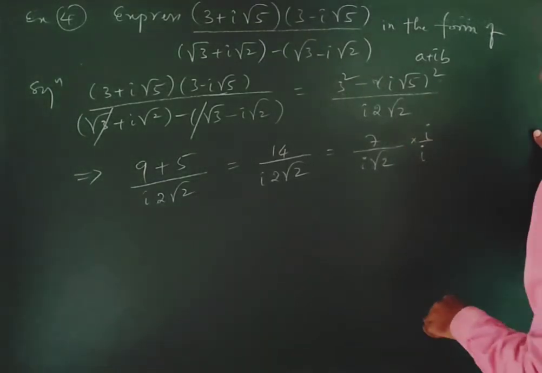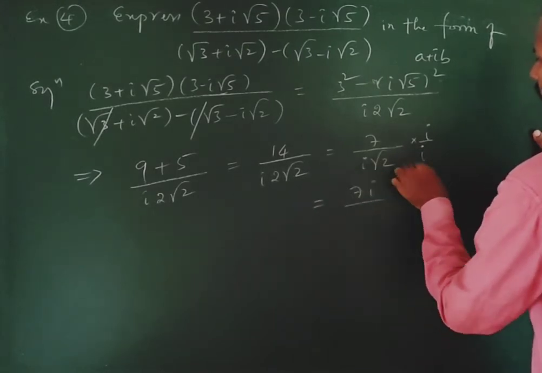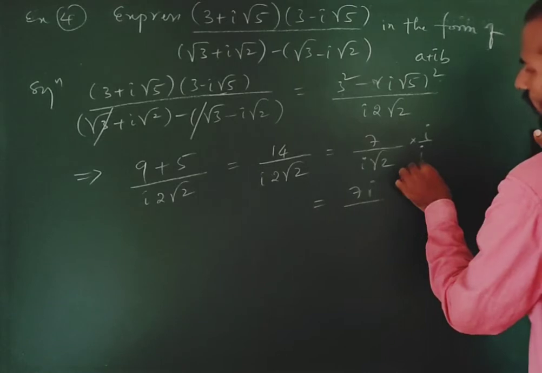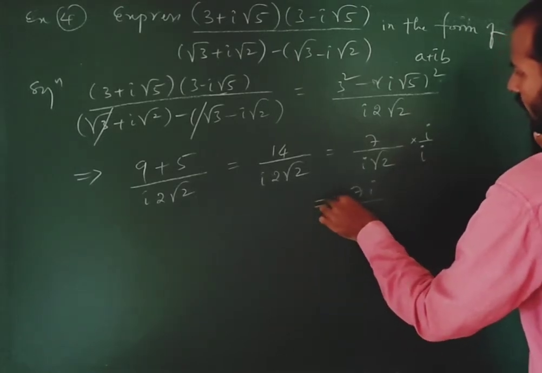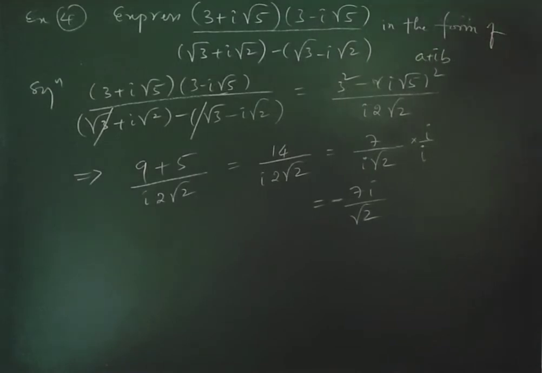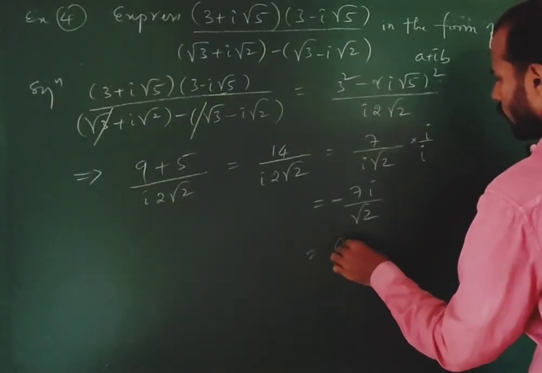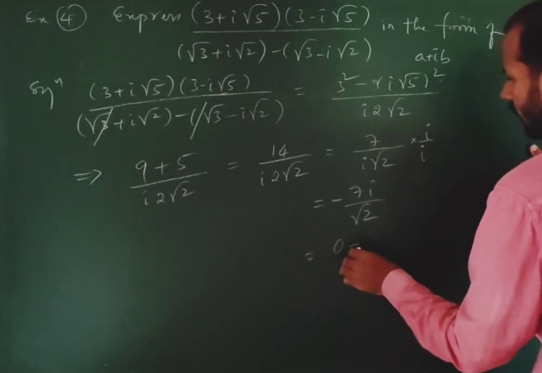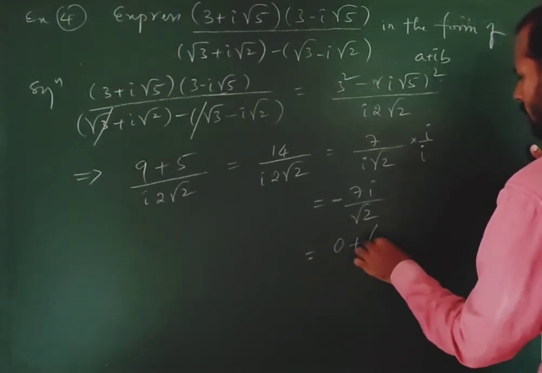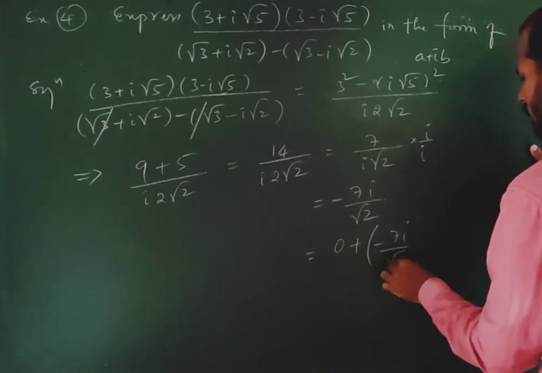What we get is 7i in the numerator, and in the denominator i square is minus 1, so minus 2 root 2. That is minus 7i upon 2 root 2, which can also be written in the form a plus ib as 0 plus minus 7i upon root 2.